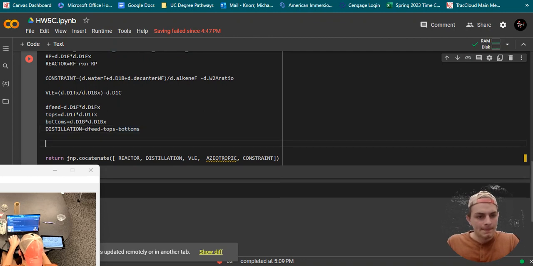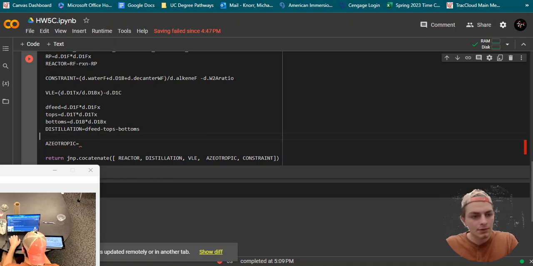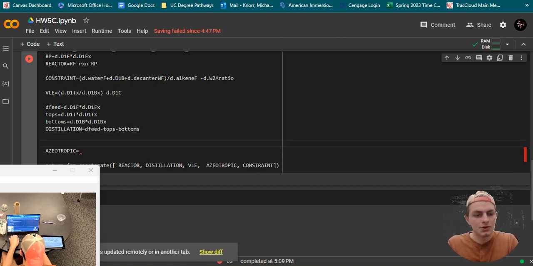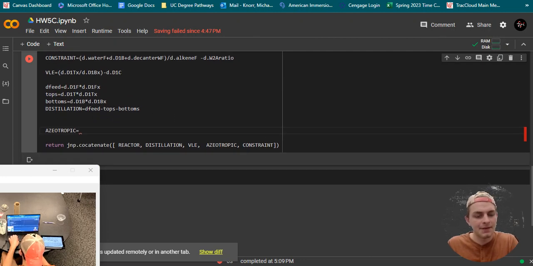Wonderful. From here we need to do our azeotropic equation, which will again be equal to, well, we'll just code this out within here so it's less chunky.